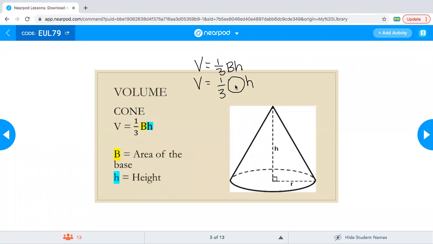So I like doing this illustration to remind myself, the base is a circle. Capital B stands for the area of the base. And since my base is a circle, I have to write down the area of a circle, and the area of a circle is pi r squared.